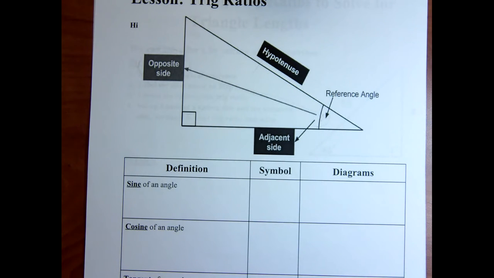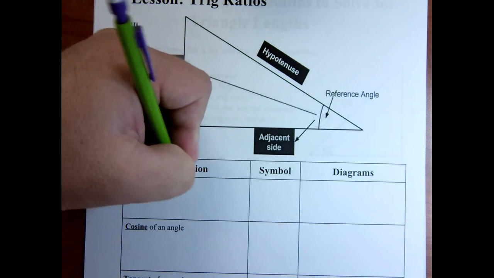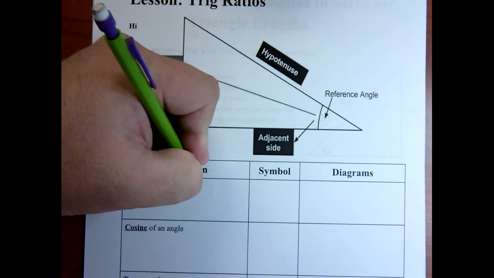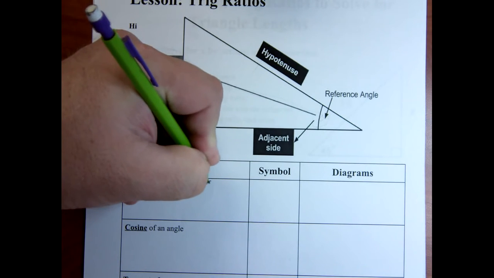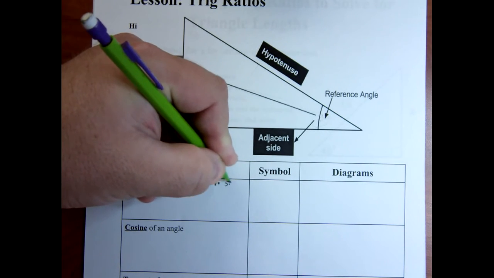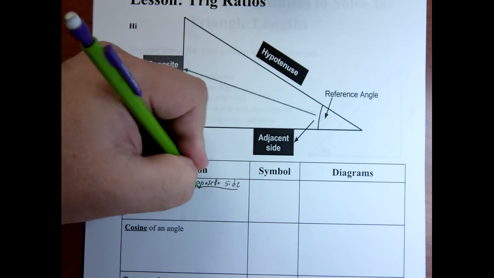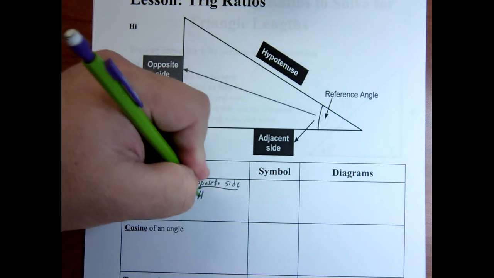We will call that ratio the sine of an angle. So this is going to be defined as the ratio of the opposite side divided by the length of the hypotenuse.